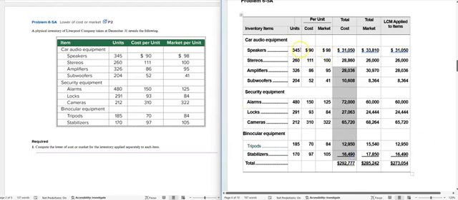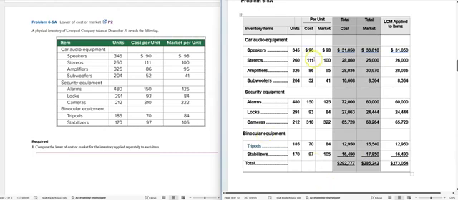Then we did the same thing, multiplying the number of units times this market price, what we could sell this inventory for, to get the total market value of the inventory. Units times the market price per unit to get total market price. Okay, so these two columns are just doing math, extending out some of those amounts.